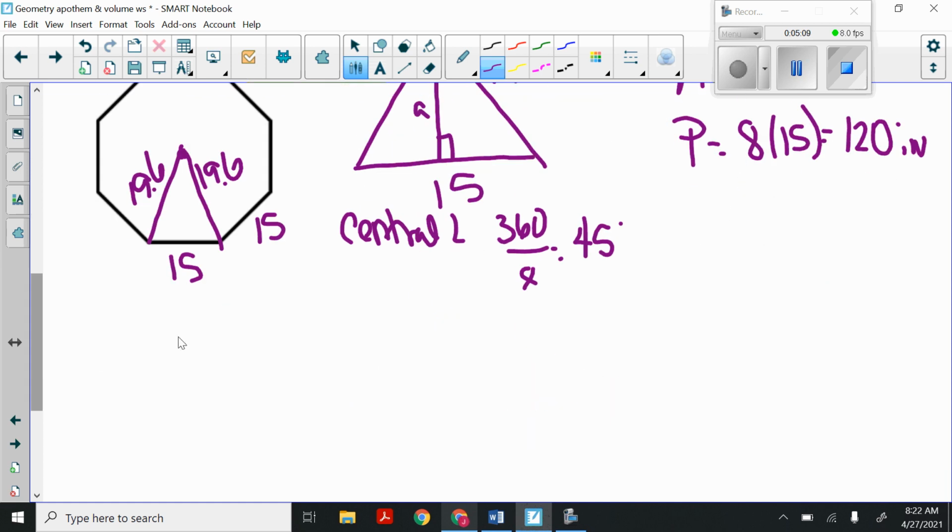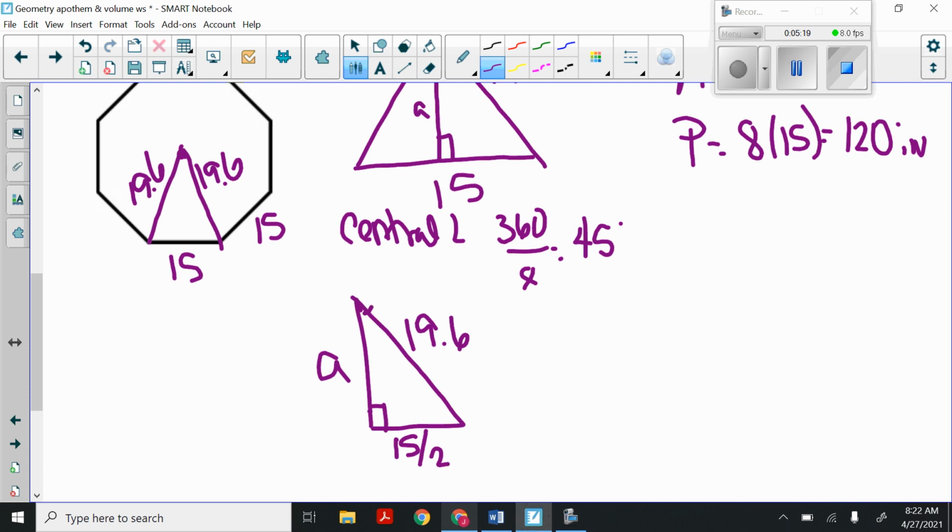Now when we look at this side, this is 19.6. We drop that height, so that cut this in half. So this is 15 halves. It cut 45 in half, so 45 cut in half is 22.5 degrees. So this angle now is 22.5 degrees. We're looking for our apothem.